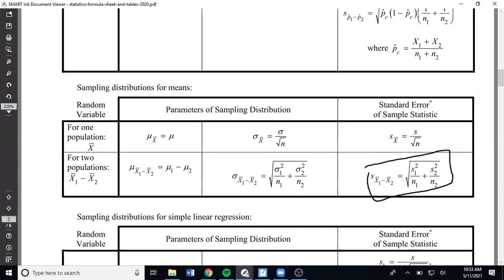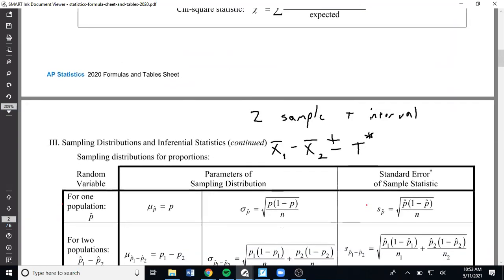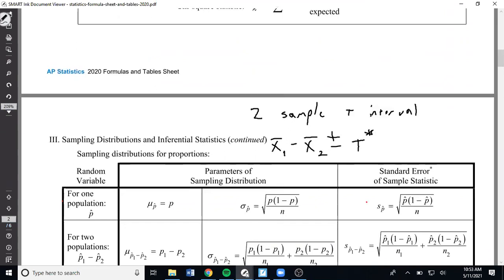But the big thing that you need to know is that this piece plugs in to this part of the formula. So this whole thing needs to be laid out when we do the confidence interval. The most common thing I've seen people do as I've looked at free responses is that they just put the standard error part into the formula.